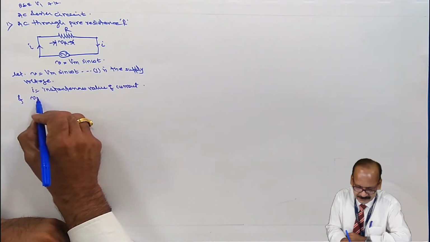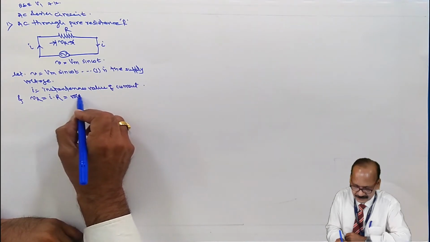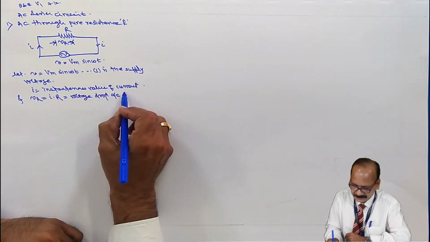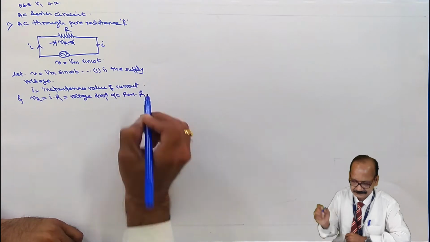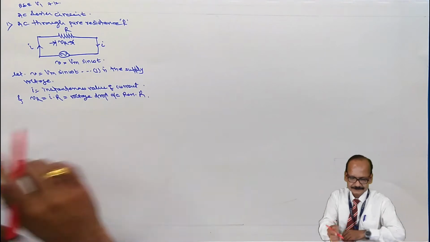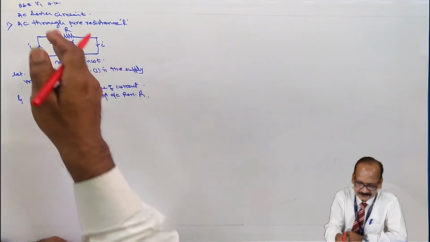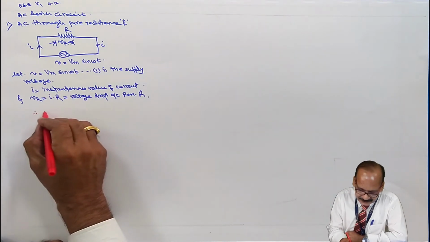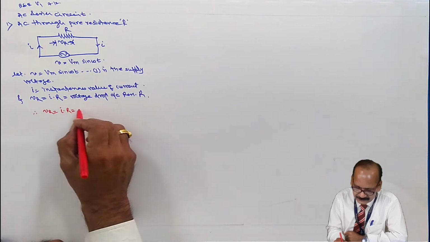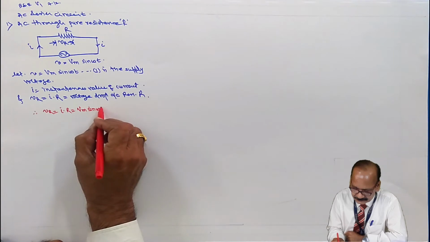And small vr equal to i into R equal to the voltage drop across resistance R. Now, as the whole of the supply voltage drops across the resistance, we can write small vr equal to i into R equal to V max sin omega t.